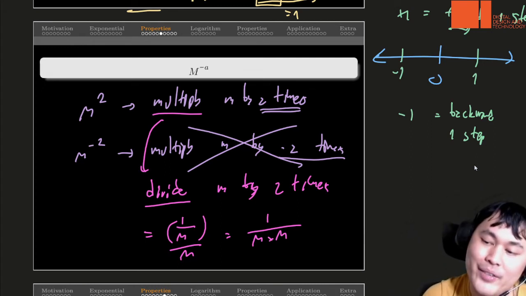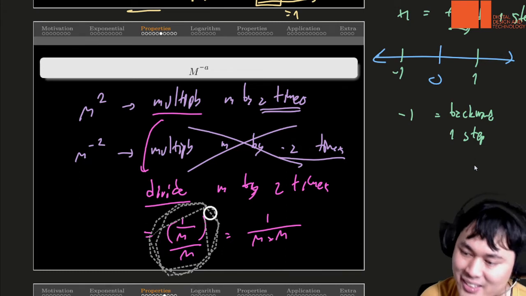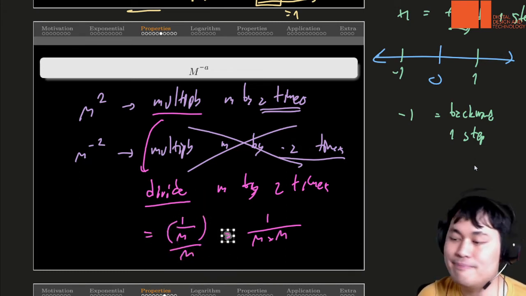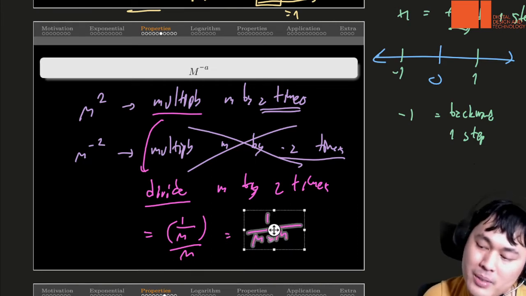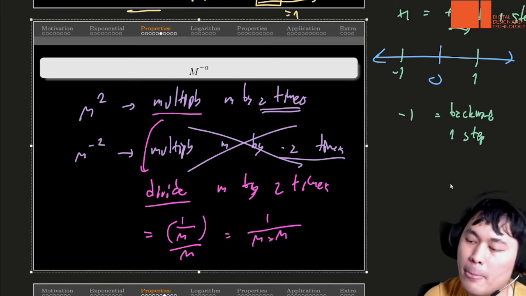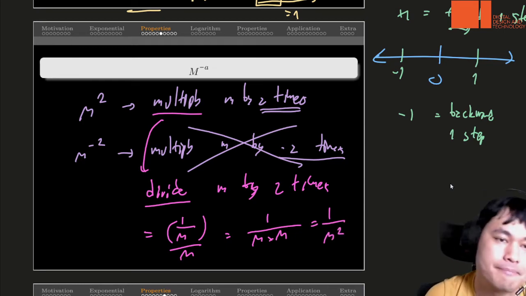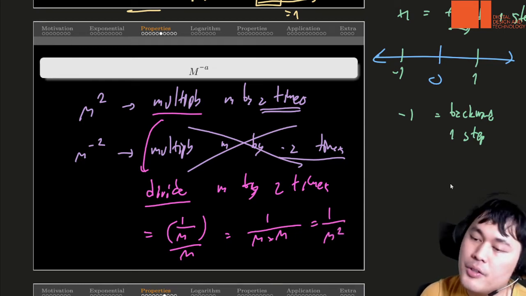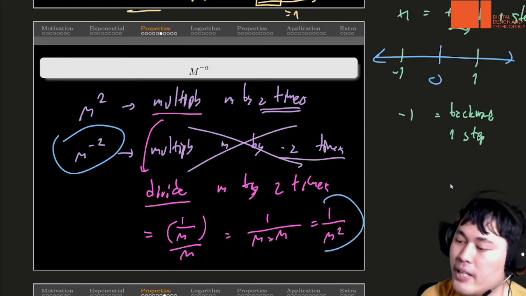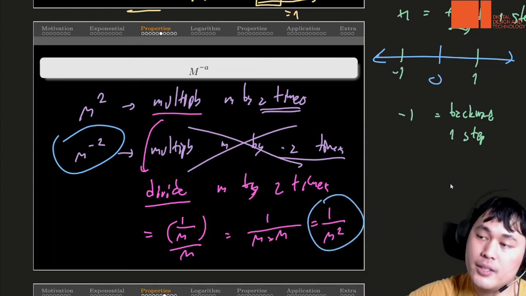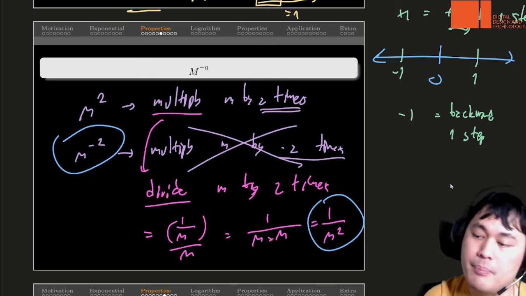So yeah, the correct way of interpreting this is this operation. But it just happens to be the same as that, which also happens to be 1 over m squared. So you can kind of see from this example that m to the power of a negative number should be m to that number, like in the positive part, right?